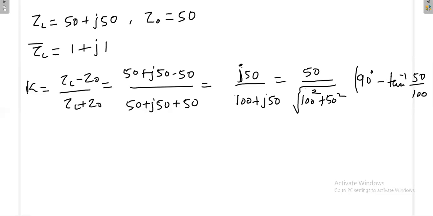Please calculate the final value; definitely it is less than 1. Now you will get some value here, and some theta here.